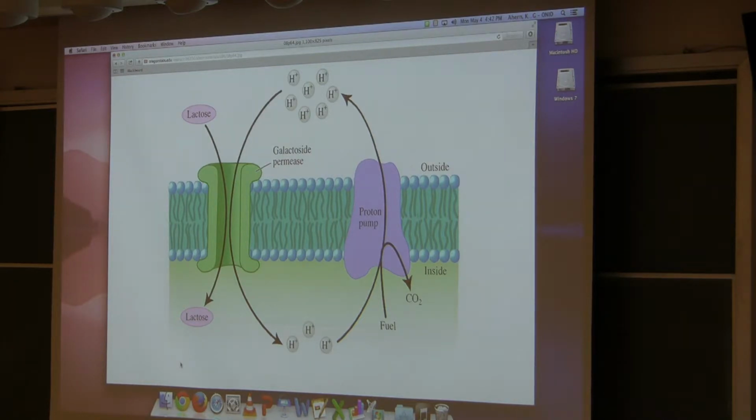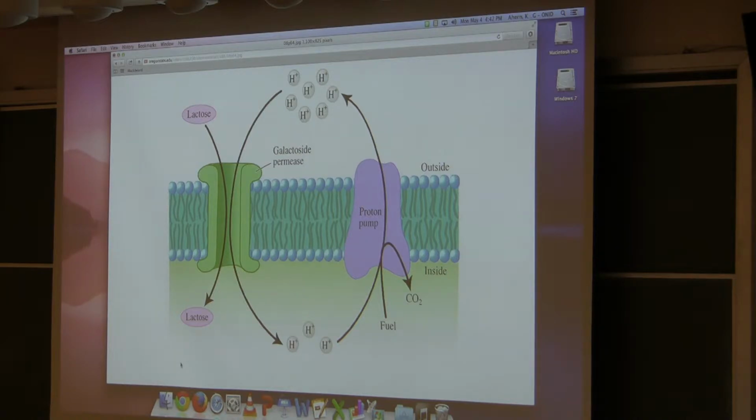If you're working against a concentration gradient, you're moving something from a low concentration to a higher concentration, and that requires energy. If you're working with a concentration gradient, that goes from a high concentration to a low concentration, and that actually is a source of energy.